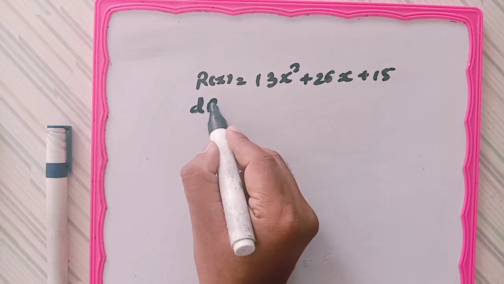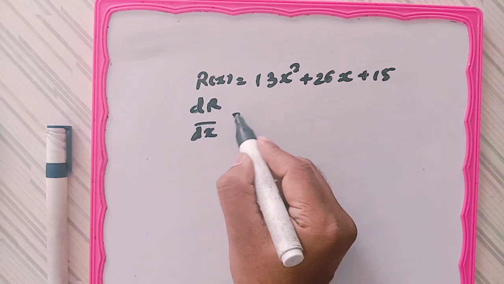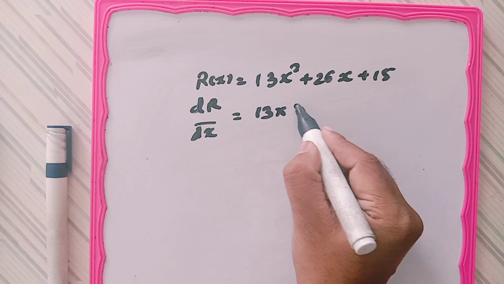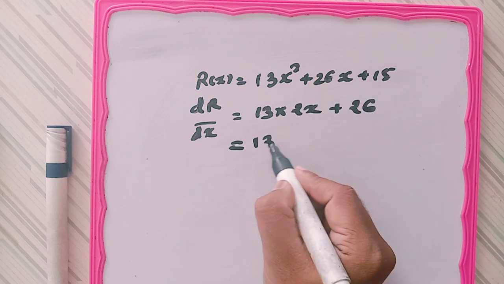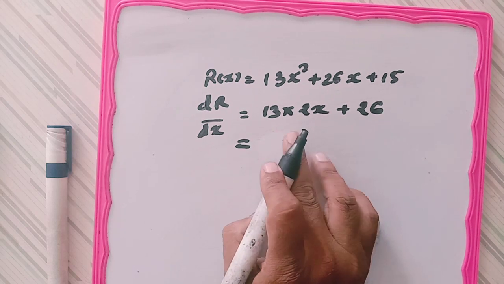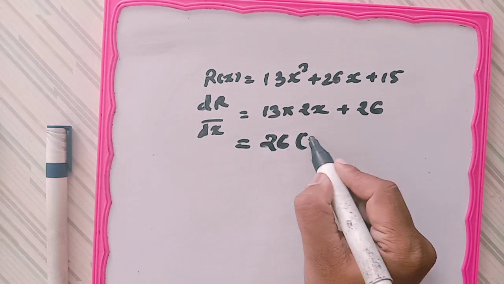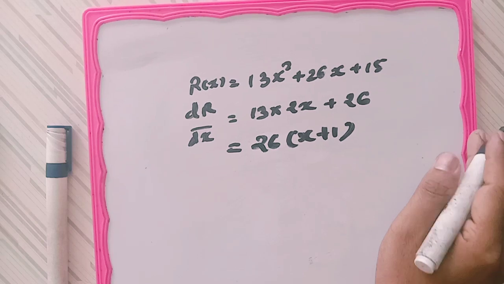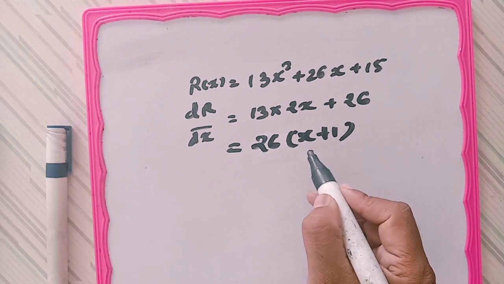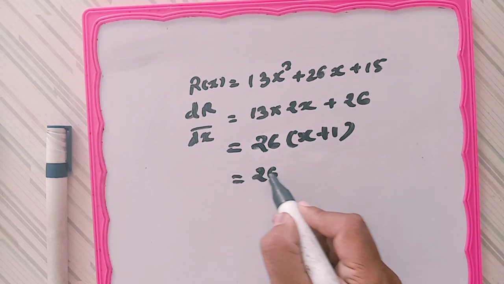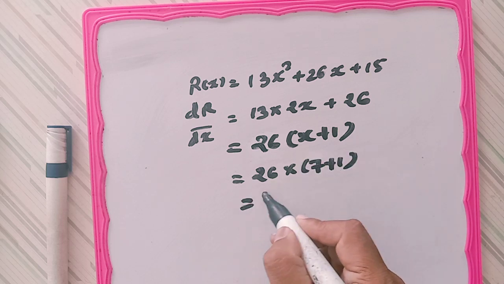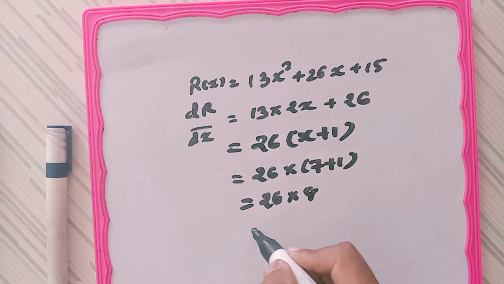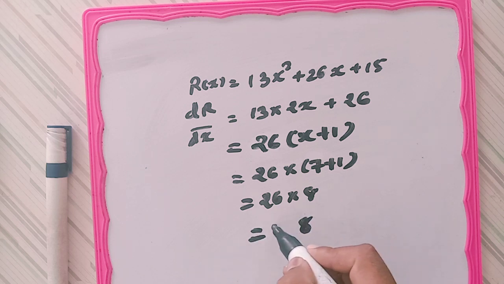So the rate with respect to x we can calculate by differentiation, 13 into 2x plus 26, and so 26 we take out common, and x plus 1. Now the x value is given as 7. So 26 into 7 plus 1, and so 26 into 8, which is 208.